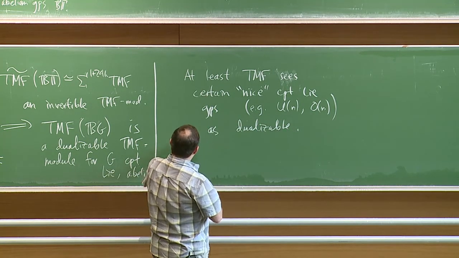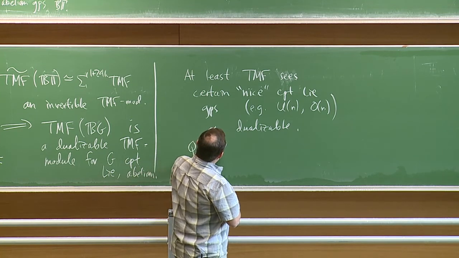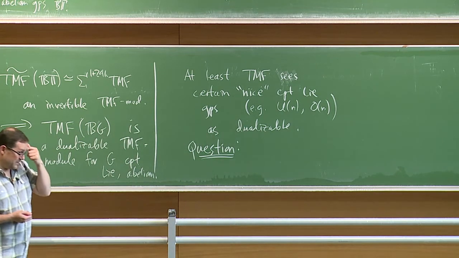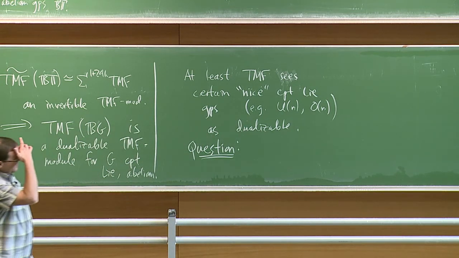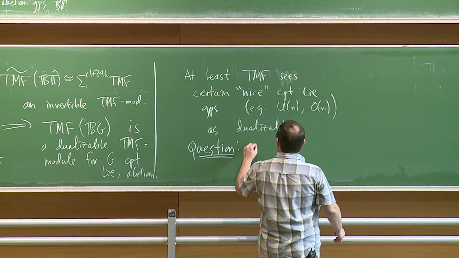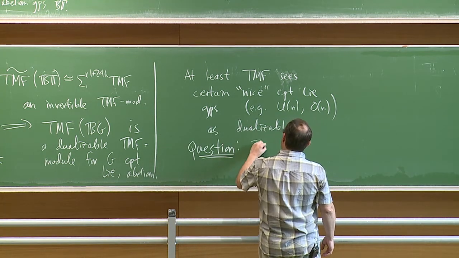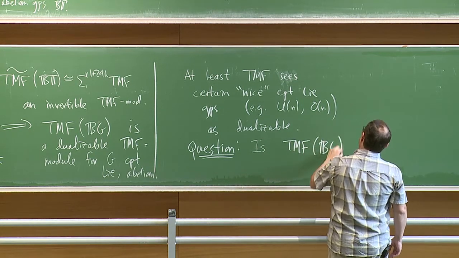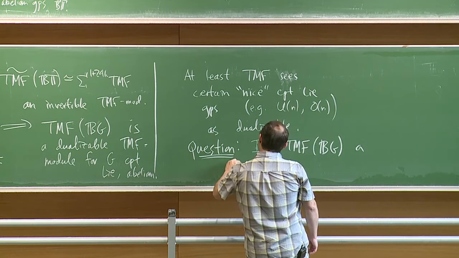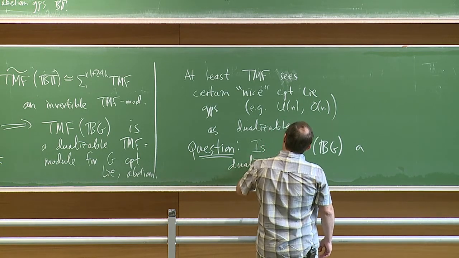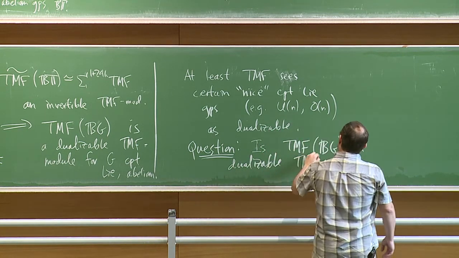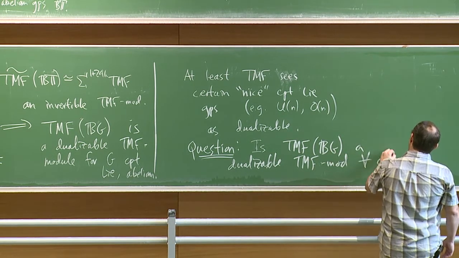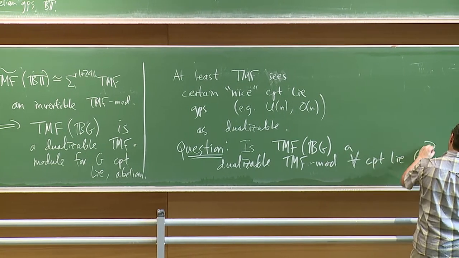And one could conjecture or ask the question, I mean, I don't want to conjecture this because I don't really have any evidence other than the calculations that I know how to make, but the question is: is TMF of BG a dualizable TMF module for all compact Lie groups G?